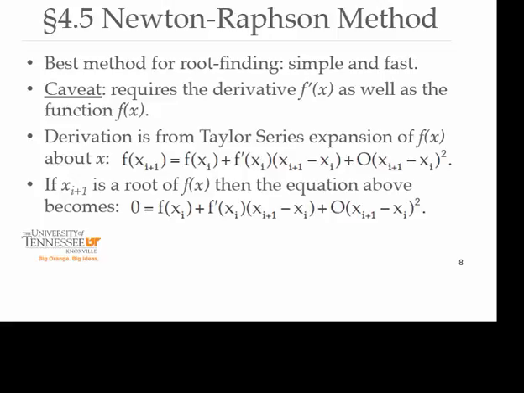Its derivation comes from the Taylor series expansion of f of x about x, and specifically we'll write that Taylor series expansion using this particular formula here, where we're representing it in terms of our iterates that will hopefully converge towards the root.